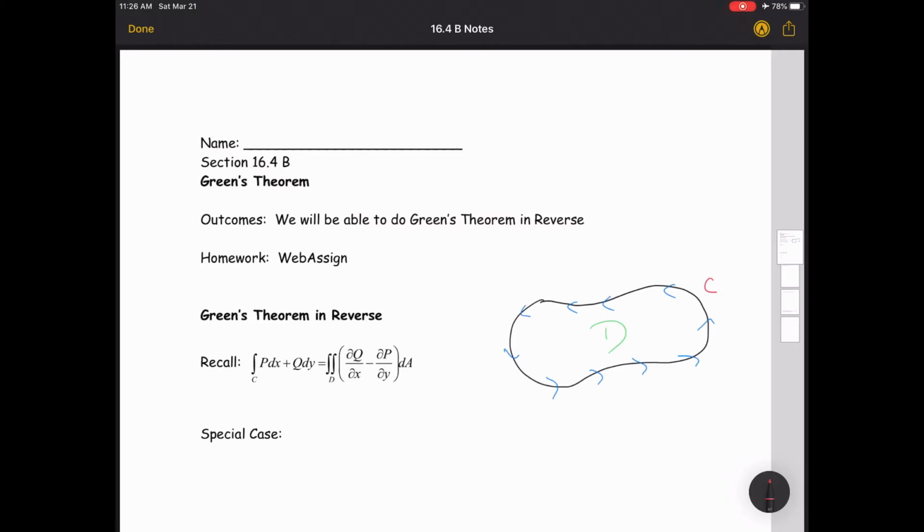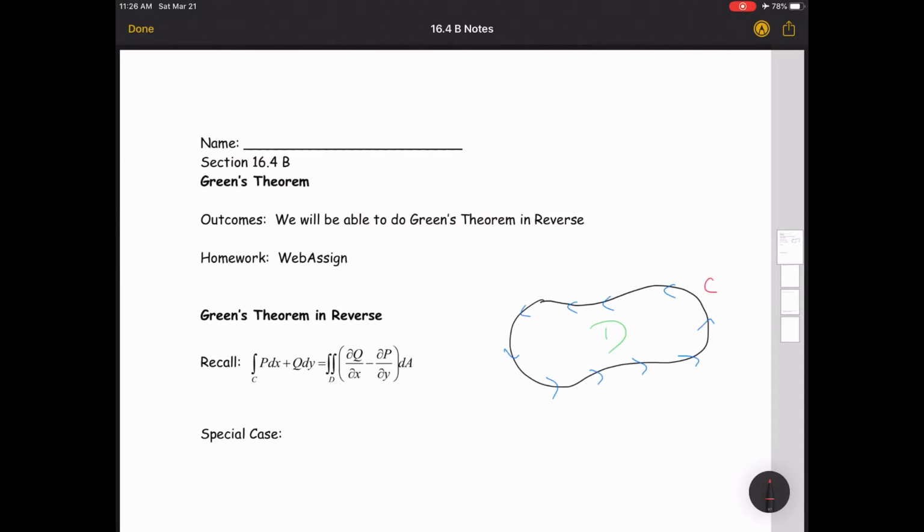All right, so in order for us to do this thing in reverse, again, it doesn't mean we're traversing it backwards. What it means is we're going to take the idea of the line integral of P dx plus Q dy. It tends to be some kind of messy line integral, and a lot of times it's much easier if you can put it as the double integral over D of dQ/dx minus dP/dy.